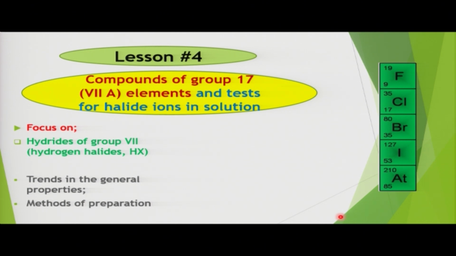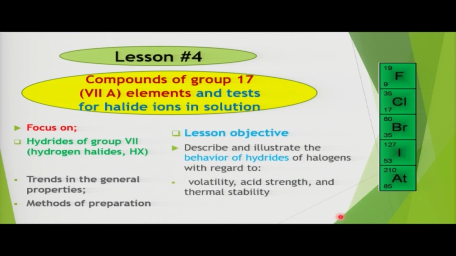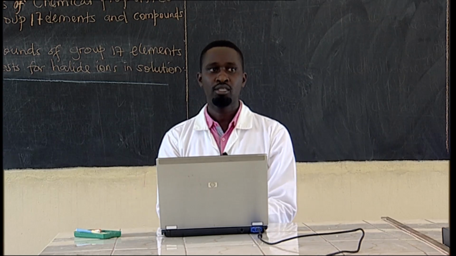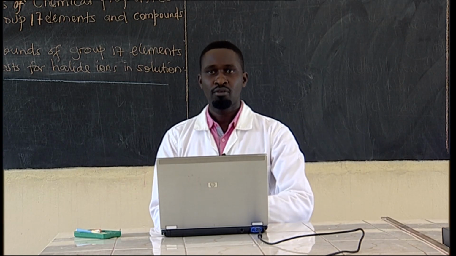That is what we shall look at in terms of the compounds. We shall not look at any other. So we shall look at the general properties, then we look at the method of preparation. From that point, we can see the lesson objective. It is one, but of course encompassing all the general properties.